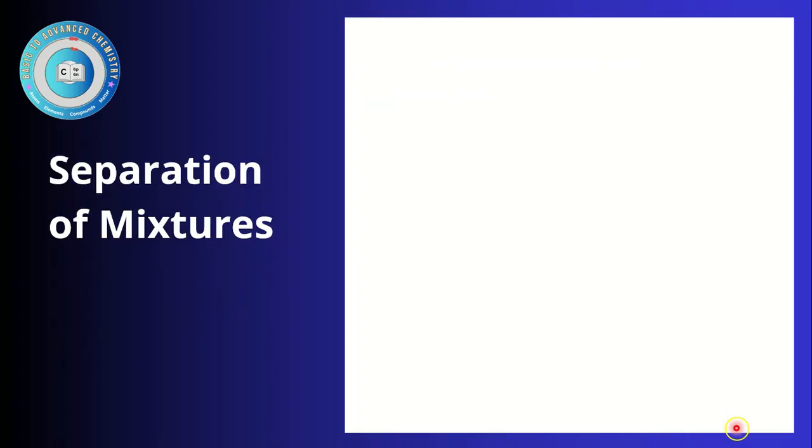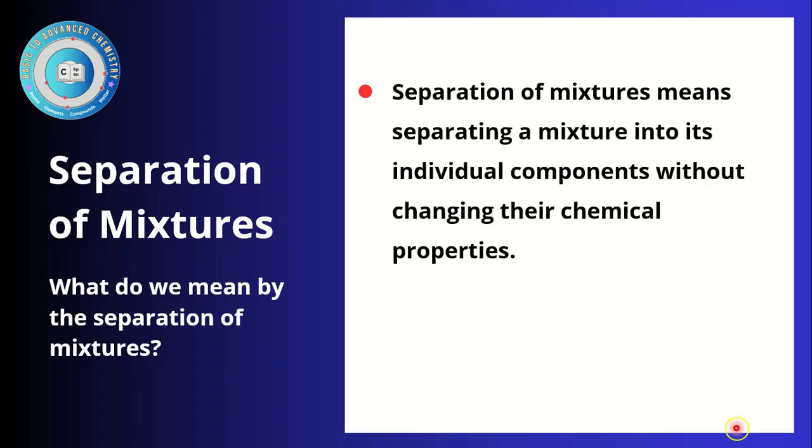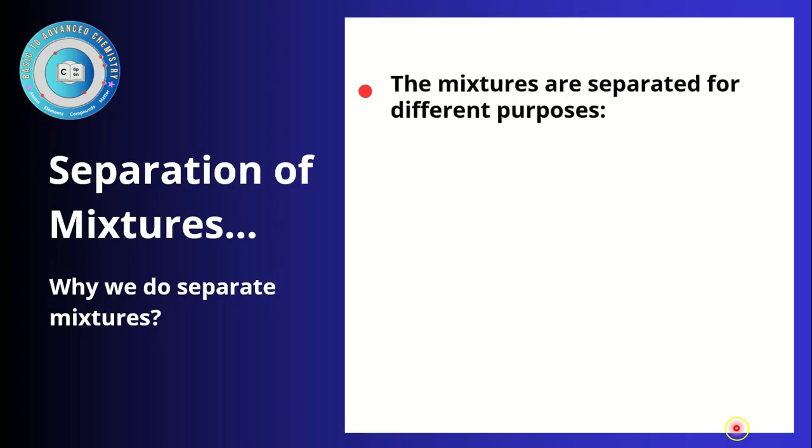Separation of mixtures. What do we mean by the separation of mixtures? Separation of mixtures means separating a mixture into its individual components without changing their chemical properties. So why do we separate mixtures? We separate the components of mixtures for different purposes.